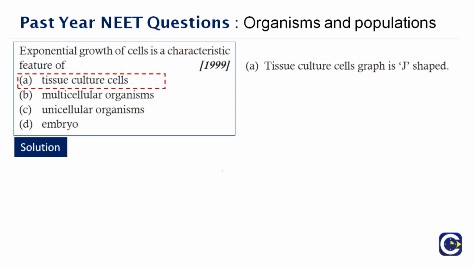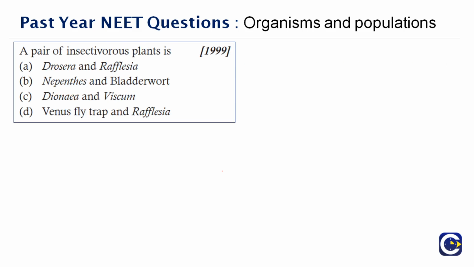Fine. Next question here. A pair of insectivorous plants. This is a very easy question where you need to identify the best one. The right answer is option B. It's actually Nepenthes and bladderwort. Insectivorous plants supplement the supply of nitrogenous food by capturing and digesting insects. One good example is the pitcher plant, which you have seen.